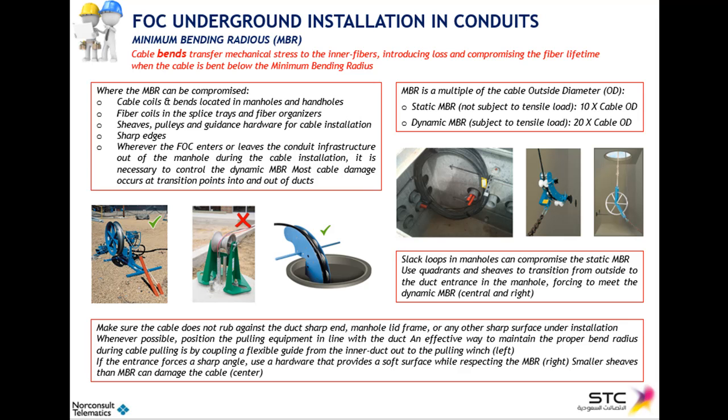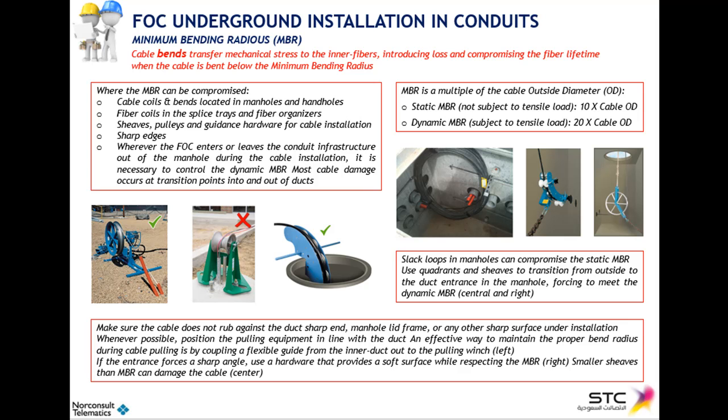So please make sure that you are respecting that minimum bending radius at all times and watch out for the points where that minimum bending radius may be at risk. So sharp edges at the entrance of handholes and manholes, duct or conduit entrances.